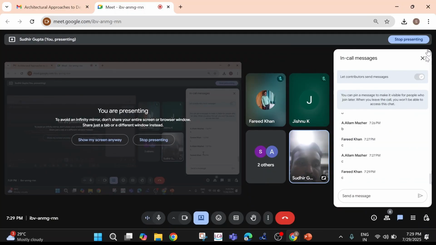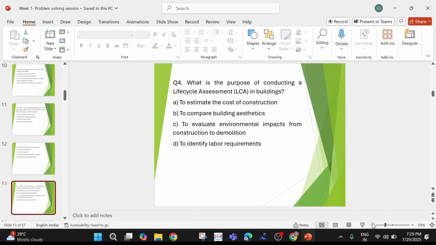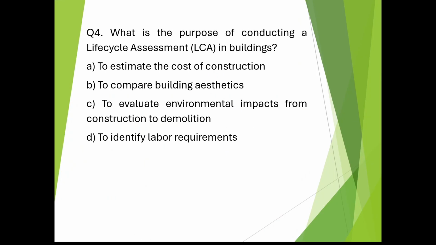So Farid has answered option C for this question number 4. Yes, so he is correct. Option C is the correct answer for this one. That is, life cycle assessment is done to evaluate the environmental impact from construction to demolition, the complete life cycle from cradle to grave, you can say.